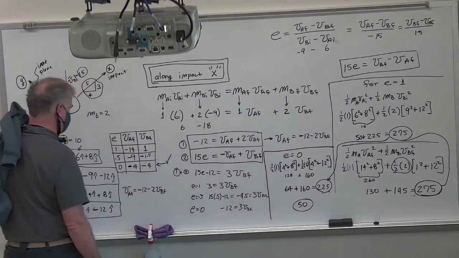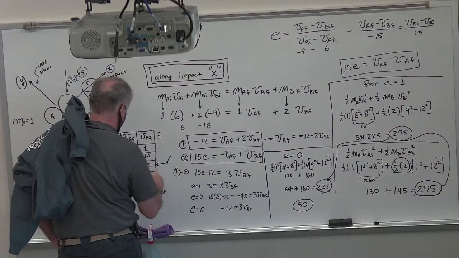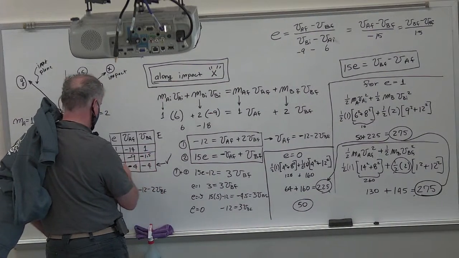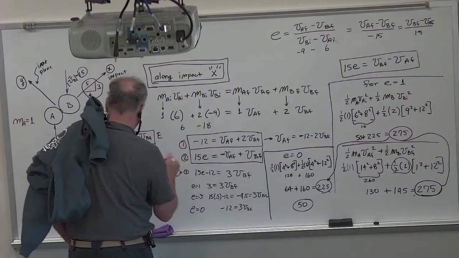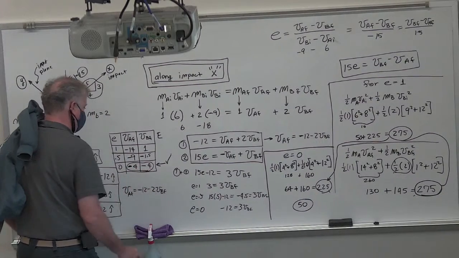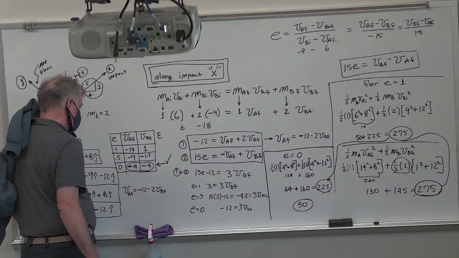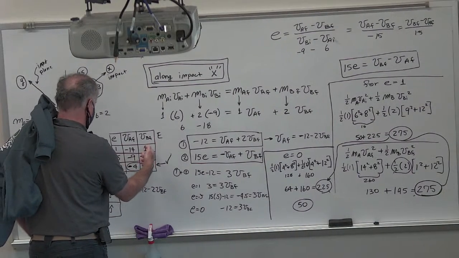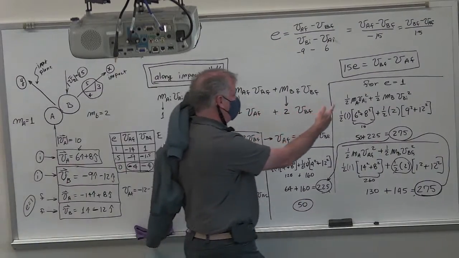Created a little table. I guess I could have put the energy here, but if I did, I'd have to go back and fill out the 1/2, and I don't feel like doing that. My key was, when I saw that the velocities along the impact were the same, I felt comfortable that I worked it right. The next one, there's no way to check this unless you go into the energy equation.